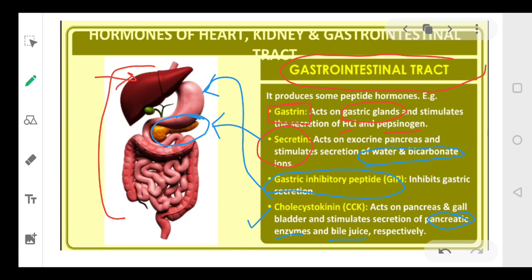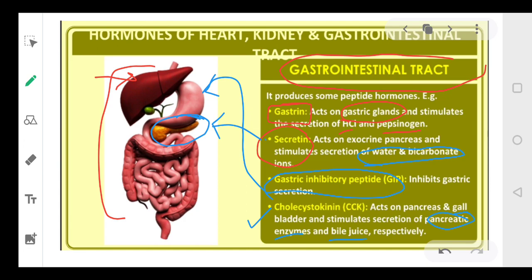So we know, dear students, the liver produces bile juice and stores it in the gallbladder. The gallbladder will release the bile salts only when CCK acts upon it. At the same time, it also acts upon the pancreas, and the pancreas will produce the pancreatic juice, which contains pancreatic enzymes like trypsin and lipase.